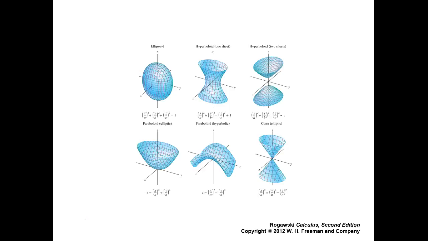Here you can have mins in the x's and y's, maximum in the z's, and min in the z's, and in some cases of the x and the y's too. We'll talk about that later.